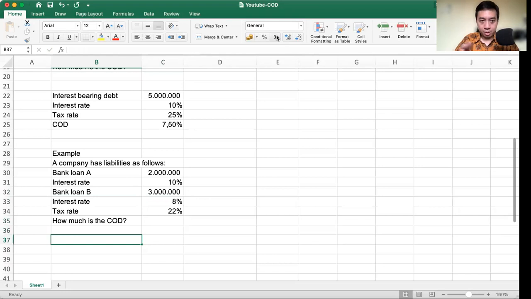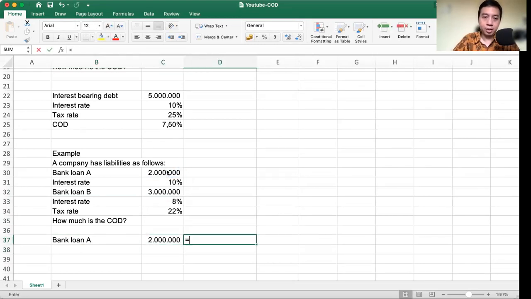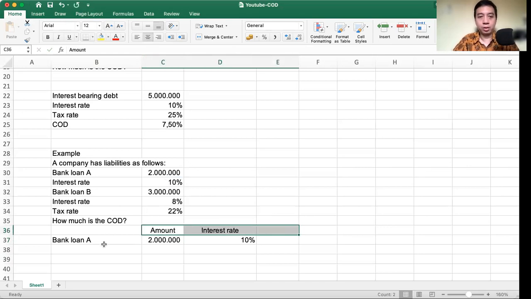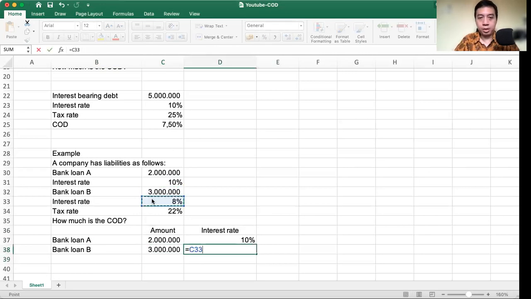So now let us do it like this. First, you need to address the bank loan for A, and put the amount here and the interest rate here. Then bank loan B, put the amount here and put the interest rate here.